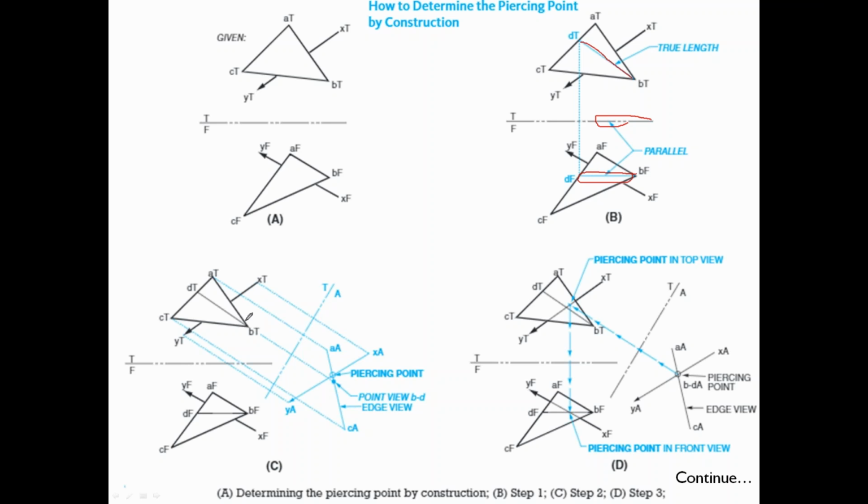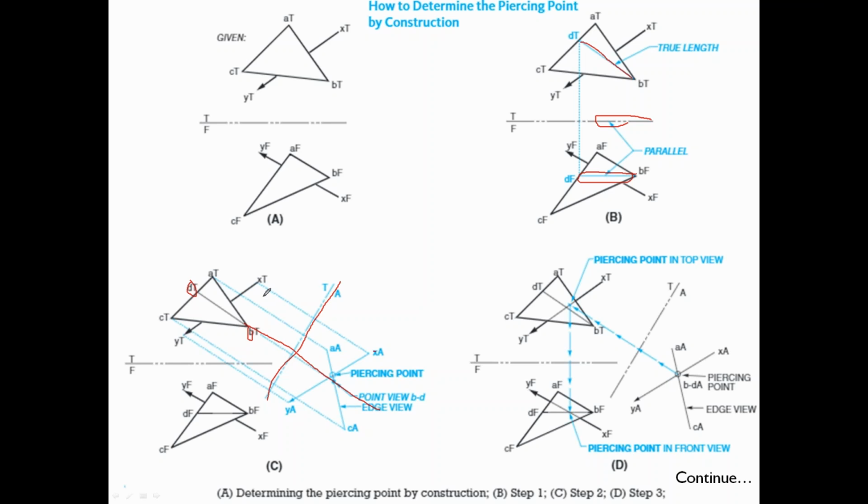With the true length, project them 90 degrees to another fold line, and this point here, D, B, will turn into a point view. This is going to be your piercing point. Why? Because that's how they intersect.